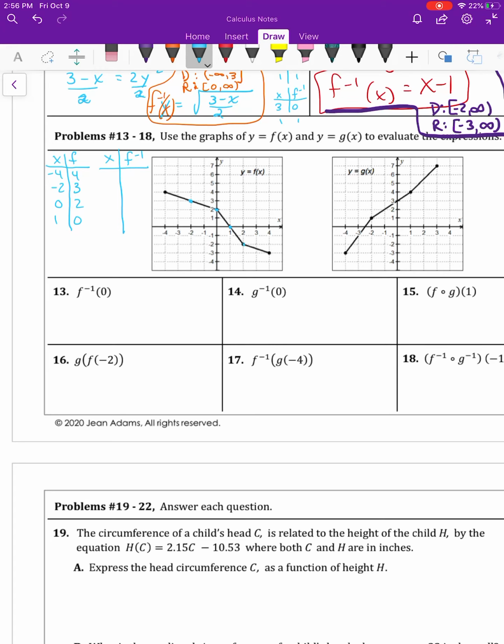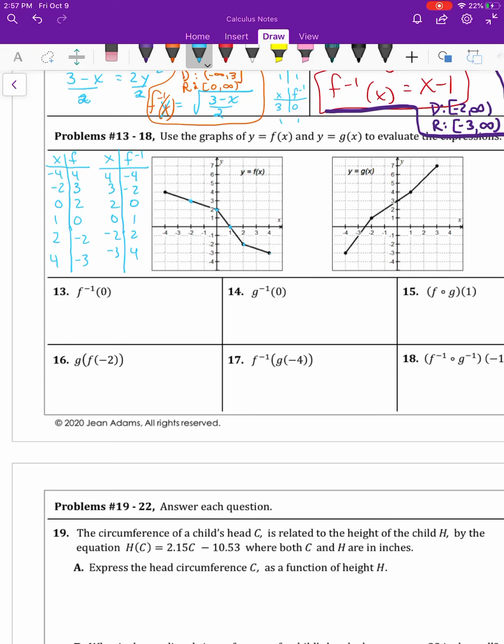Even though a couple of those didn't have dots on them, you should look and see if it goes straight through, and write those down. 2, negative 2, and then 4, negative 3. And so I'm just going to swap all these. So 4, negative 4, 3, negative 2, 2, 0, 0, 1, negative 2, 2, and negative 3, 4.